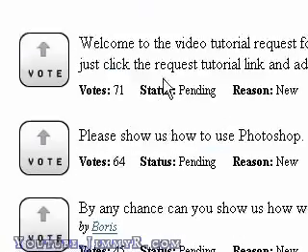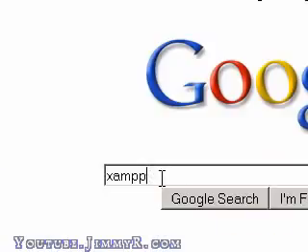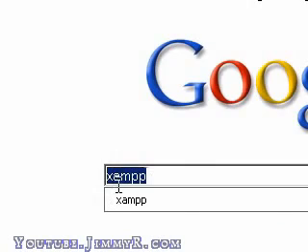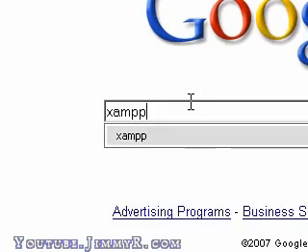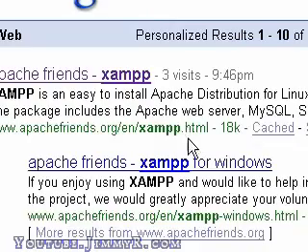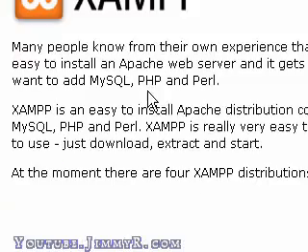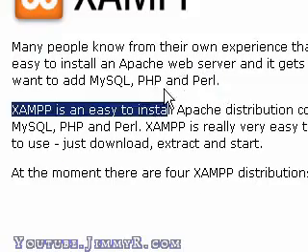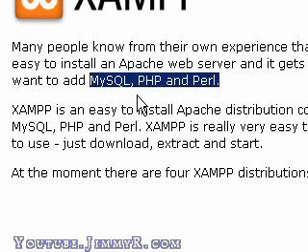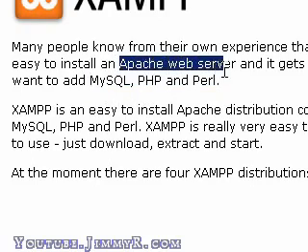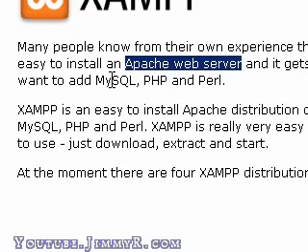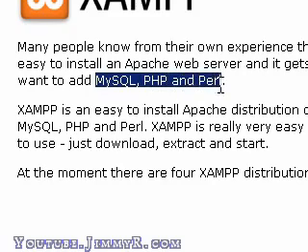The first thing I want you to do is go to Google and search XAMPP. And I'll explain what it is in a minute. It allows you to install MySQL, PHP, and Apache at the same time and have it all configured.